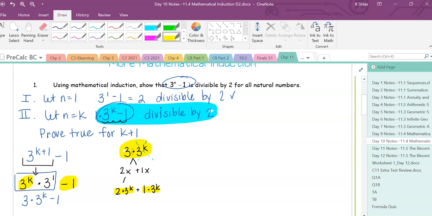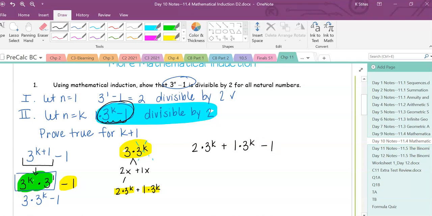Now, why does that matter? Because now I can show that I have this right up here. So let's go back now. I am taking this whole thing right here, and I am rewriting it as 2 times 3 to the k plus 1 times 3 to the k. Again, you could combine like terms to get that 3 times 3 to the k. And then I'm just going to bring down that minus 1.